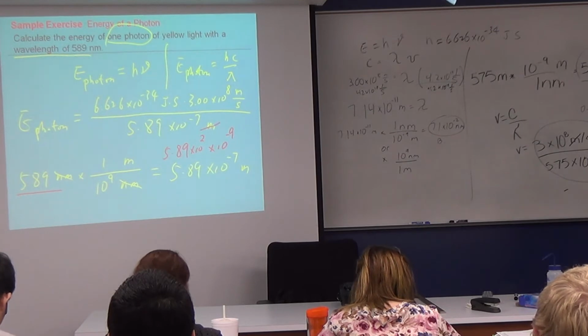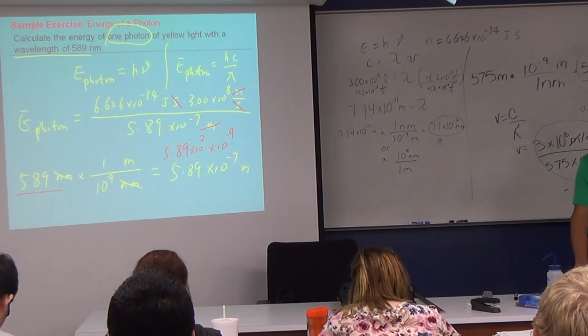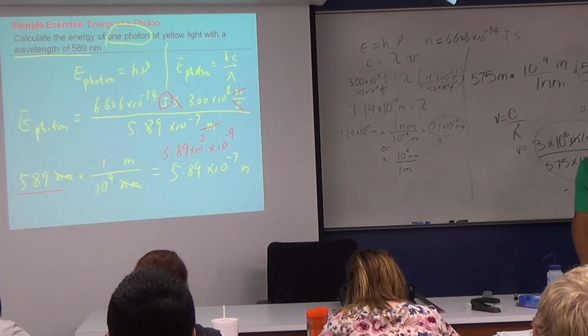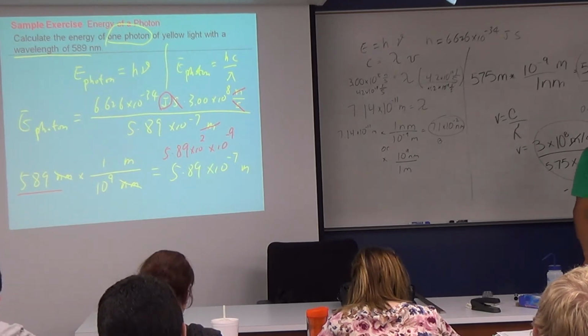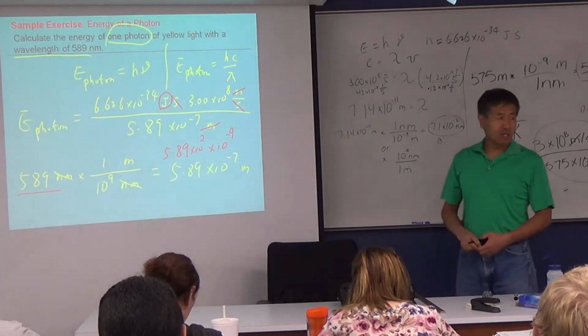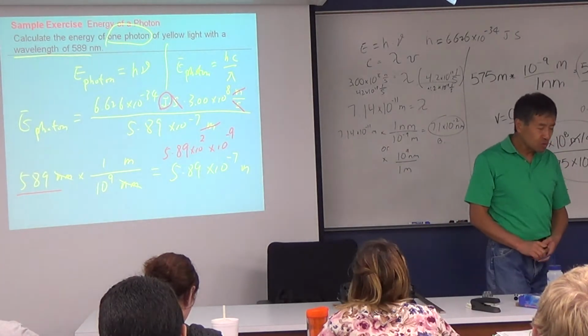So meter here cancels out that. Second and second cancel as well. See that? So what is the unit left over? The only unit left over is joule. So do a calculation, and if you want to simplify, you can simplify, otherwise just use your calculators.